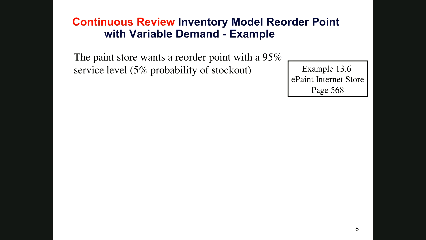The average daily demand is 30 gallons per day. We'll abbreviate that, gallons per day. Our standard deviation of that demand is 5 gallons per day. Our lead time is 10 days.